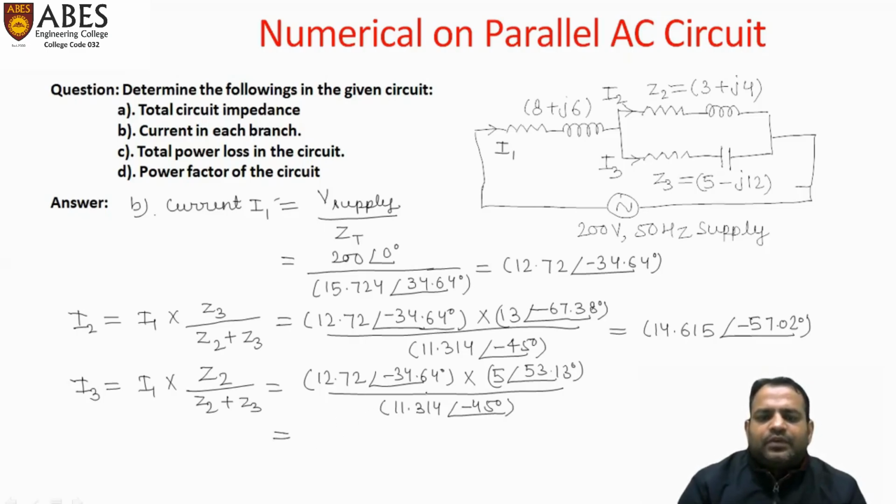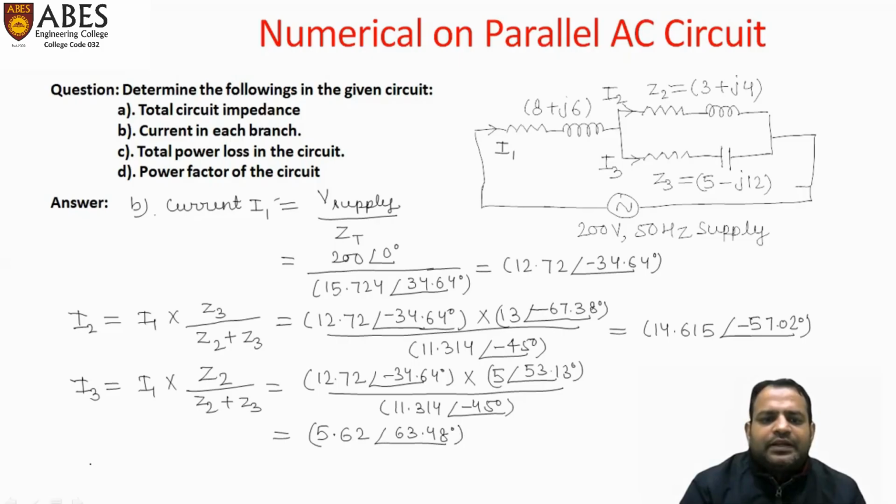So after calculating this whole expression by using calculator, we are getting the value of I3, which is 5.62 at an angle 63.48 degree.